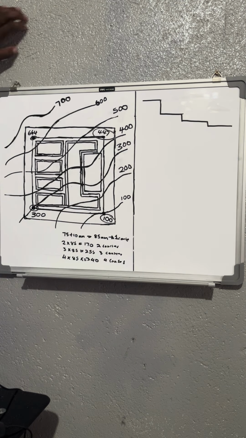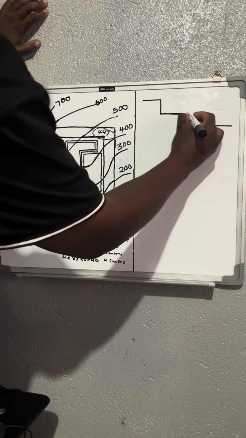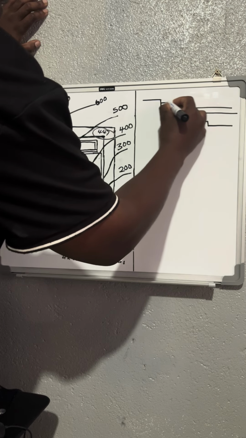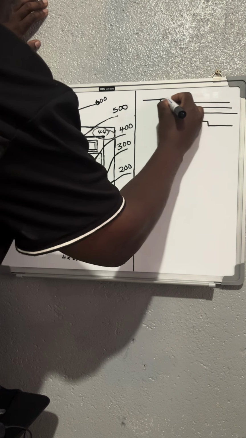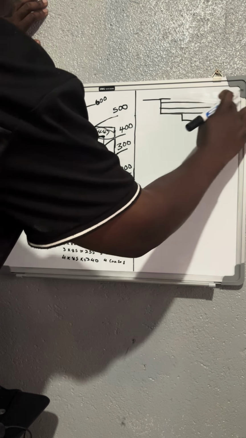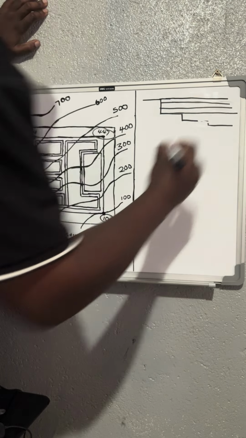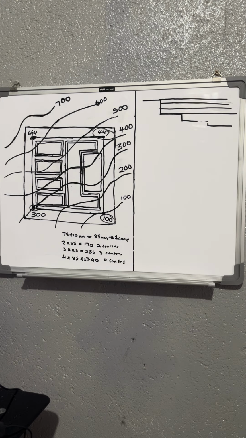It means we're going to have the first course, then the second course, and the third course will be somewhere around there. We always make sure that our courses are flush.